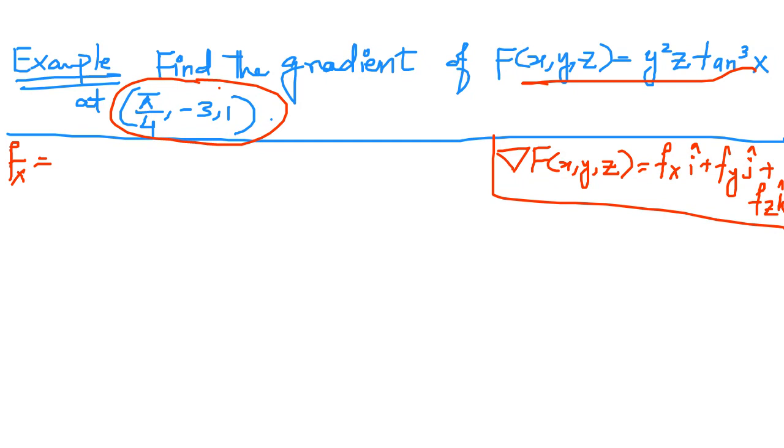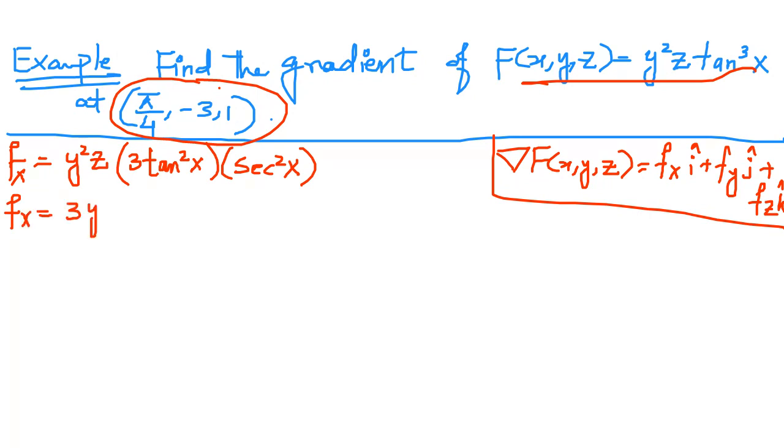That will be: y square is the same, z is the same. What is the derivative of tangent power 3? It is 3 times tangent power 2. And what is the derivative of tangent? That is secant square x. So the partial derivative with respect to x is 3 y square z tangent square x times secant square x.